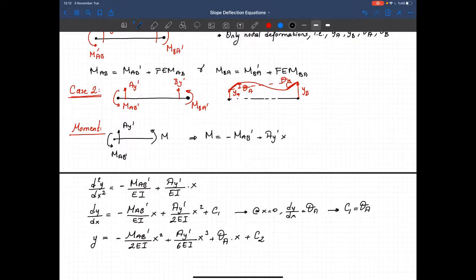Let's put the second boundary condition: at x equal to 0, y is equal to yA. This tells me that C2 is equal to yA.